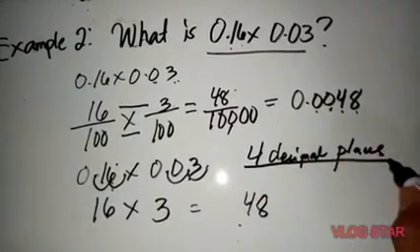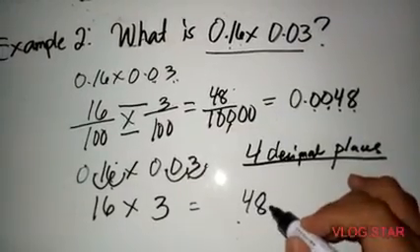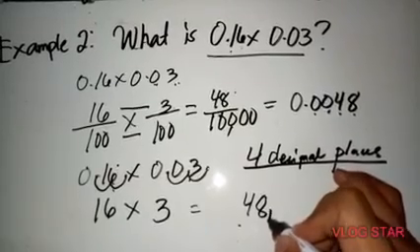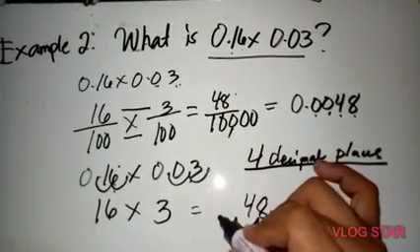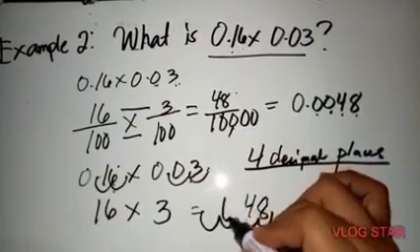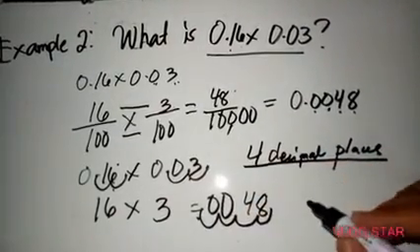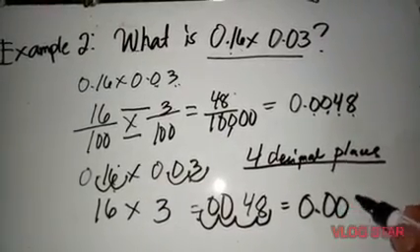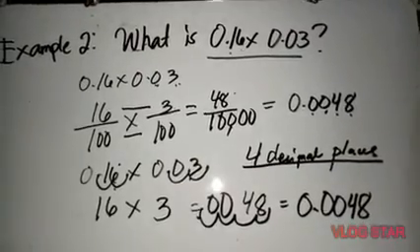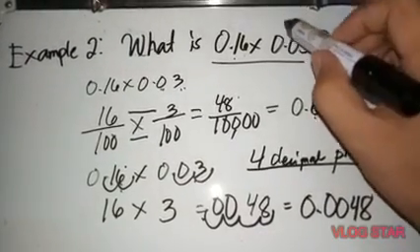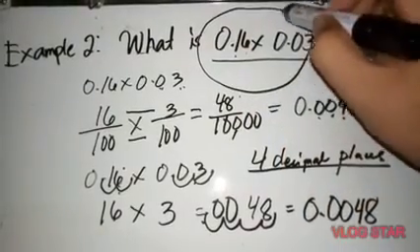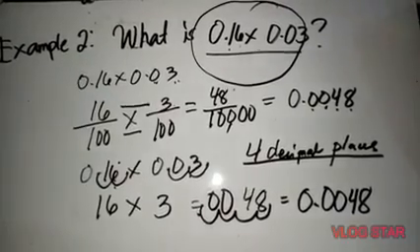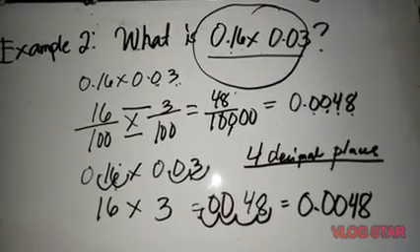So in total, 4 decimal places. So 48, then move the decimal point 4 times to the left. 1, 2, 3, 4. So add zeros. 0.0048. Or you can just simply multiply these two decimals, 0.16 times 0.03, using the vertical method.